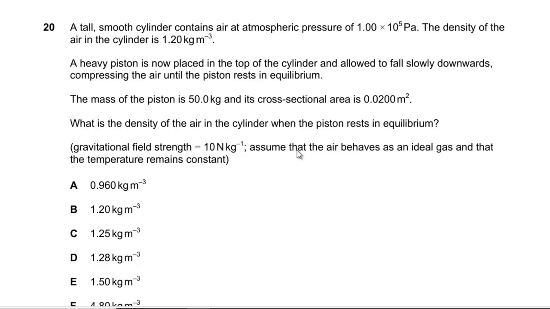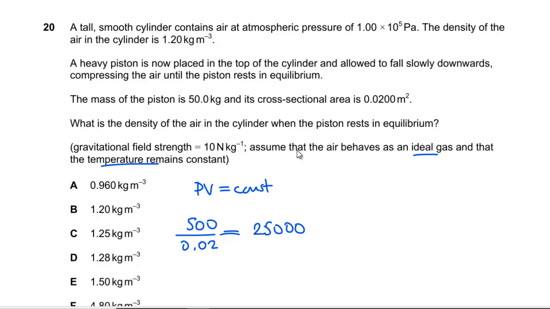Right, you assume the air is an ideal gas, and the temperature remains constant. So our PV is going to be a constant. That's what we're getting for constant temperature and the ideal gas. So what are we getting then for our change in the pressure? So we've got 50 kilograms. So we've got 500 newtons. And we're dividing that by 0.02. So that's a 1 over 50. So we're multiplying the top by 50. So 25000.